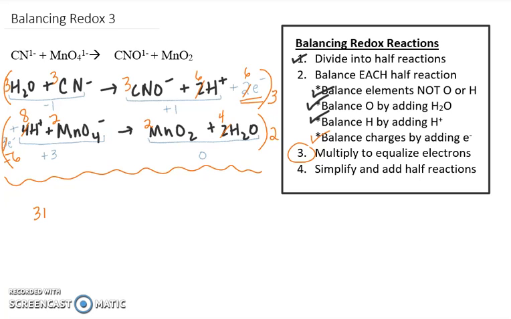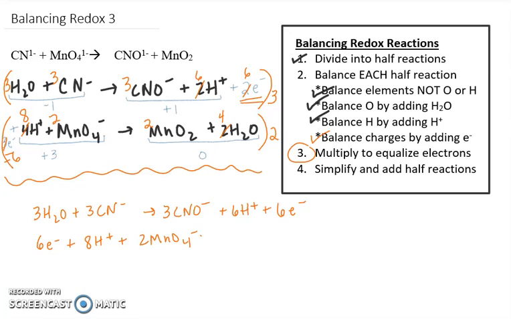So the top reaction, 3H2O plus 3CN minus yields 3CNO minus plus 6H plus 6 electrons. And then my second reaction becomes 6 electrons plus 8H plus 2 MnO4 minus yields 2 MnO2 plus 4 H2O.